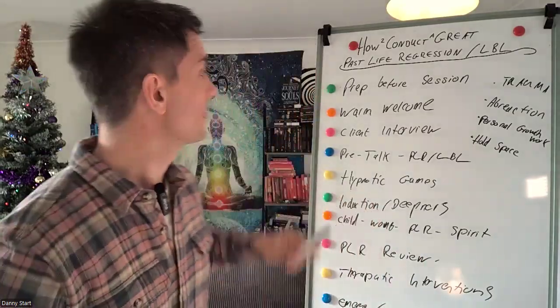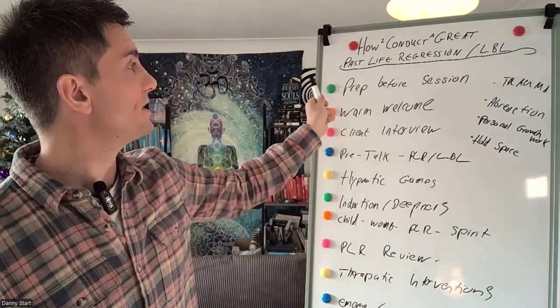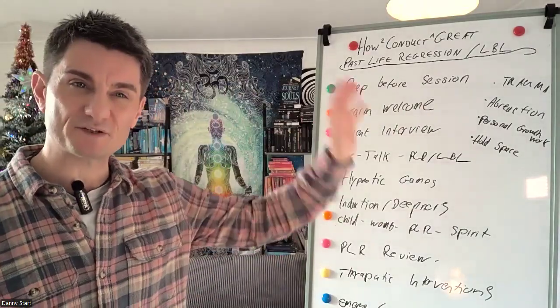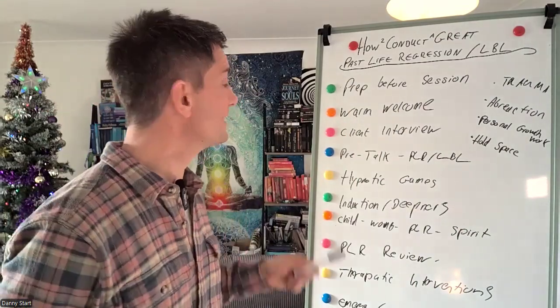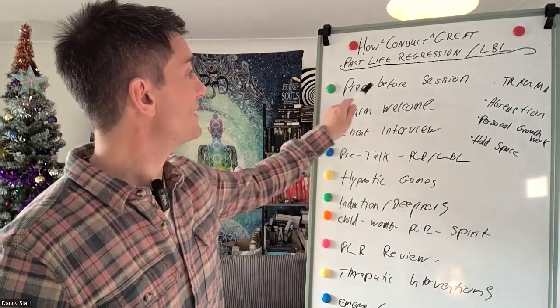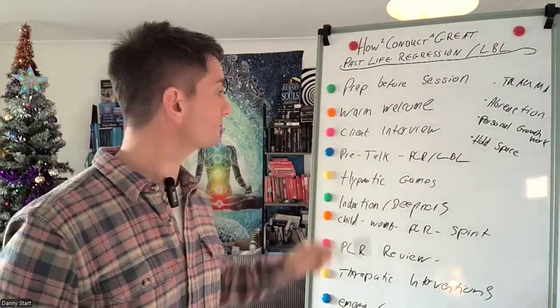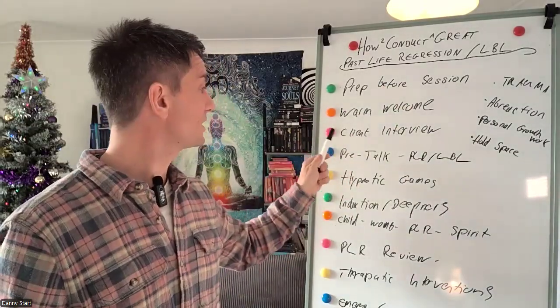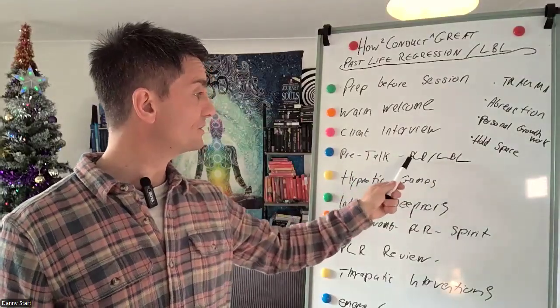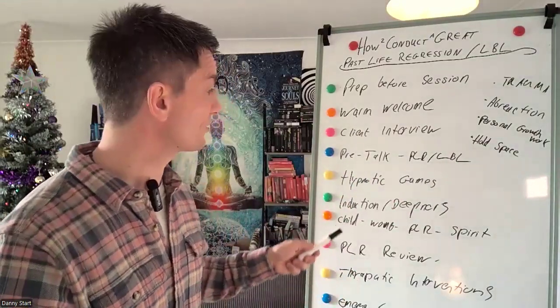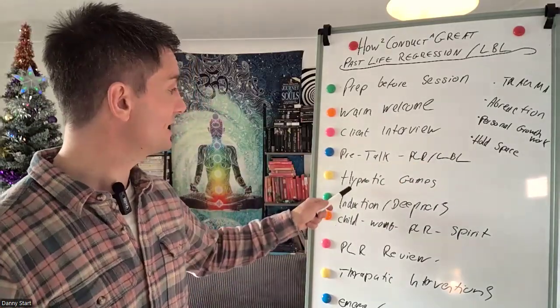So there you go. How to do a great past life regression. And this is similar to what you'll be doing in LBL when you join the Michael Newton Institute one day, if you want to. The prep before the session, a warm welcome, client interview, just get to know them. The pre-talk for hypnosis and past life regression and LBL, if that's what you're doing.